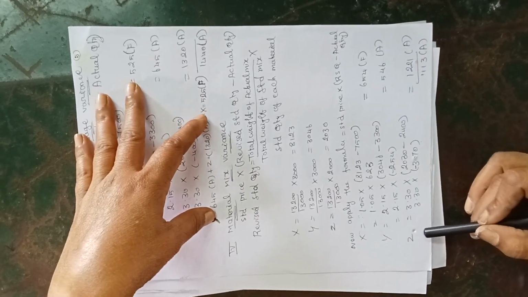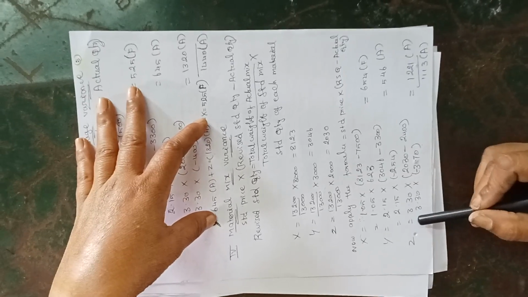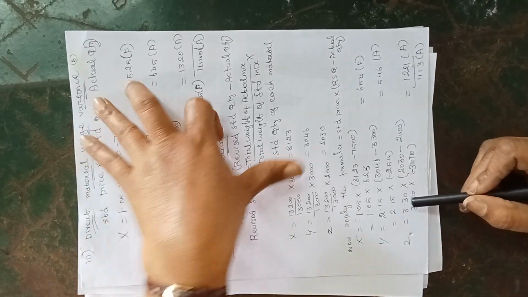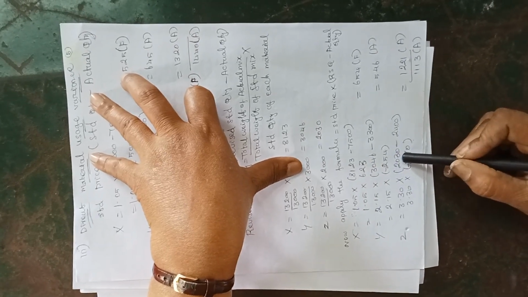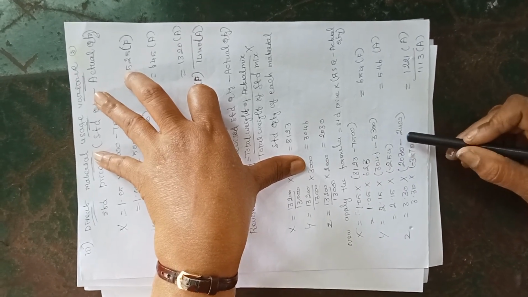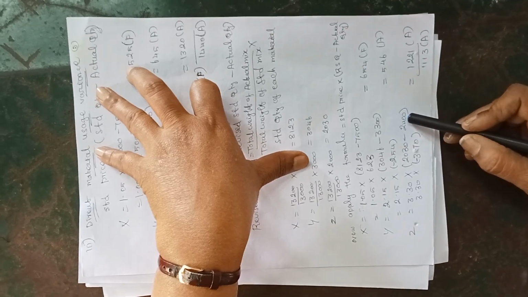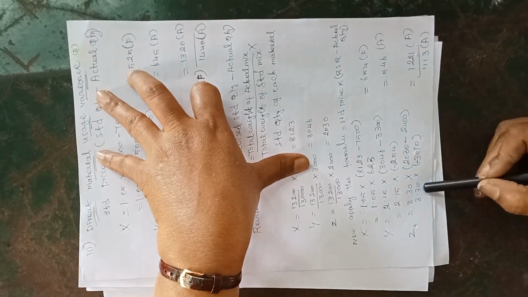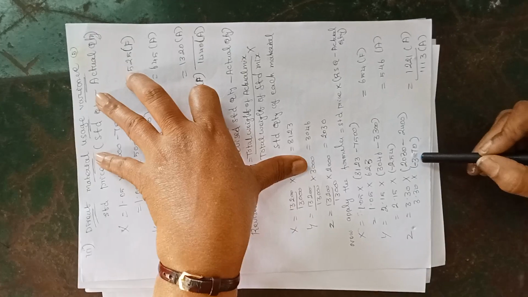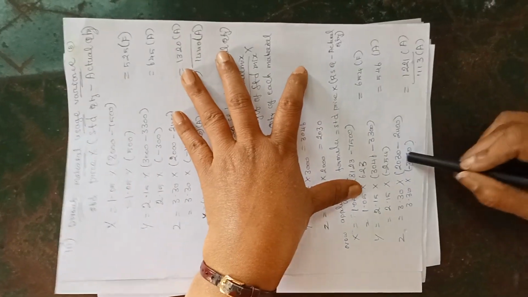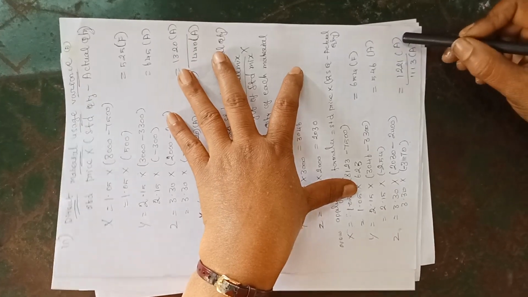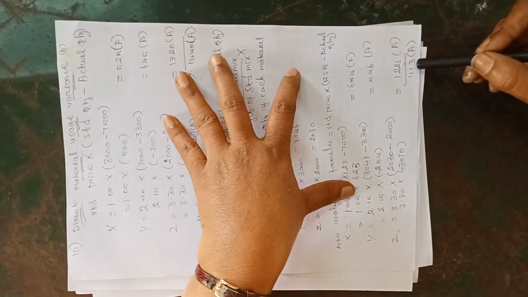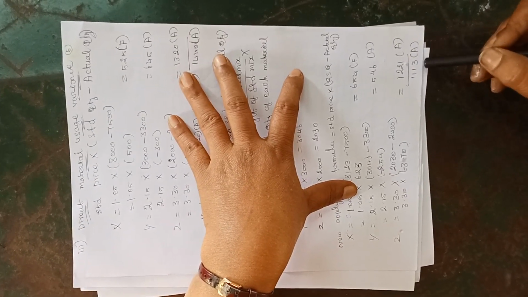Z: standard price 3.30 into revised standard quantity 2030 minus actual quantity 2400, 3.30 into minus 370 equals 1221 adverse. Total 1113 adverse.